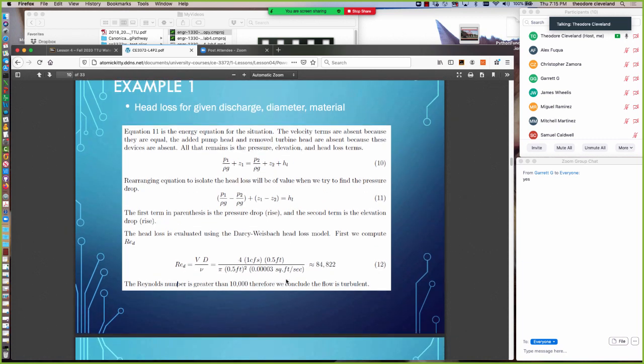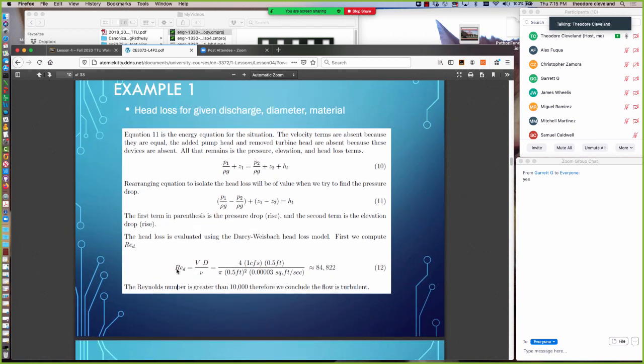Then we would calculate the head loss in the following procedure. First, we would compute the Reynolds number. We can get the Reynolds number from the flow rate by dividing by the area to convert flow rate into a velocity. So we have 4 times the 1 cubic foot per second divided by pi times the diameter, half a foot, squared.